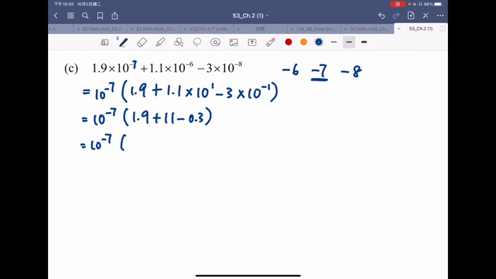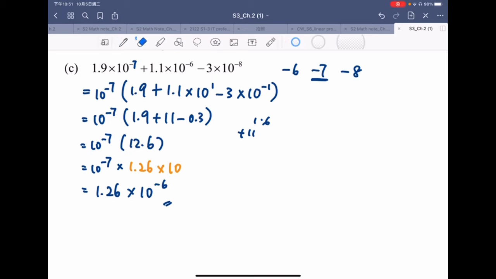Seems workable. So we can change this to 1.26 times 10. Finally the answer is 1.26 times 10 to the power of -6.